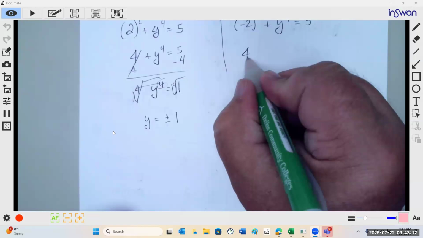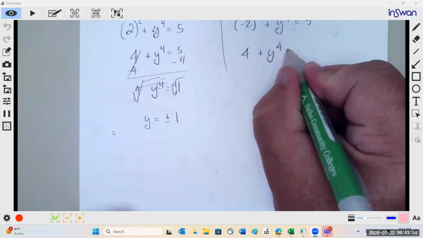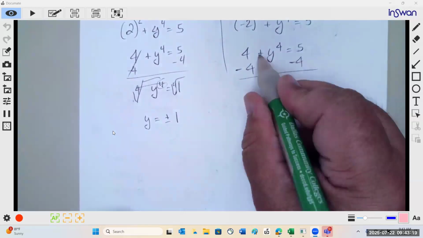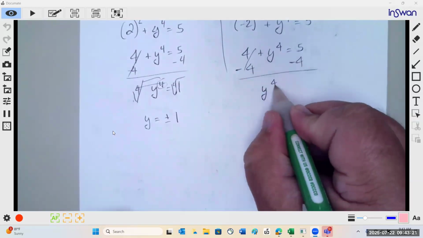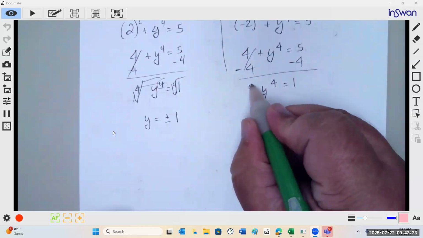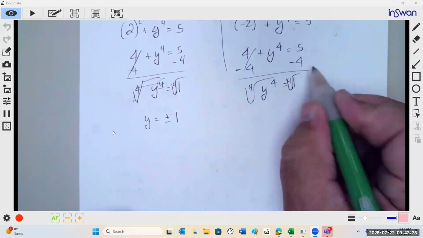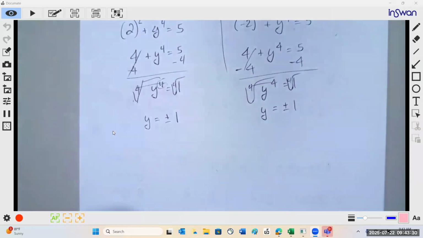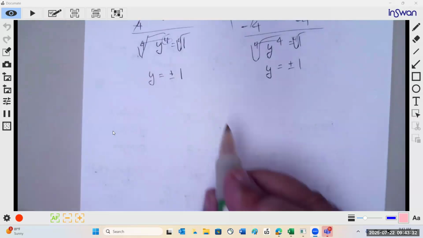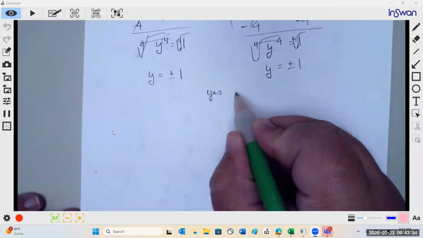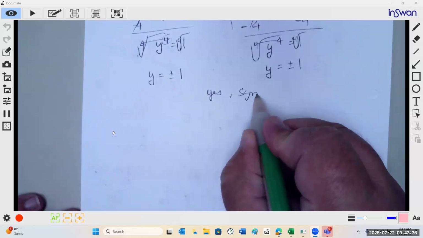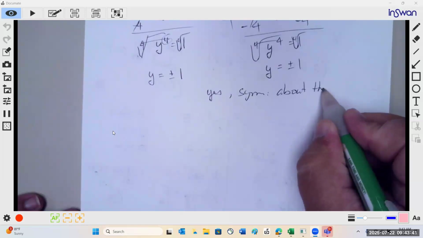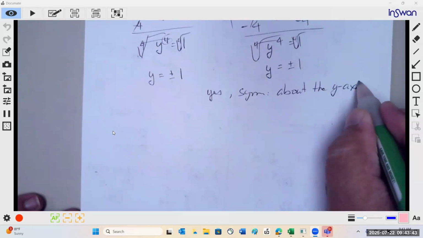Negative 2 squared is 4. Subtract 4. y to the fourth equals 1. It's the same thing. So y is equal to plus or minus 1. So yes, symmetric about the y-axis.